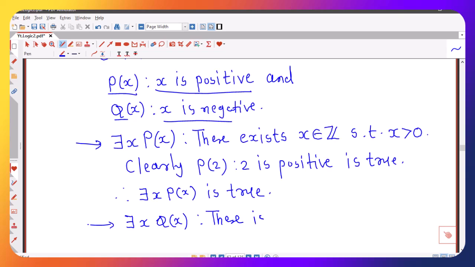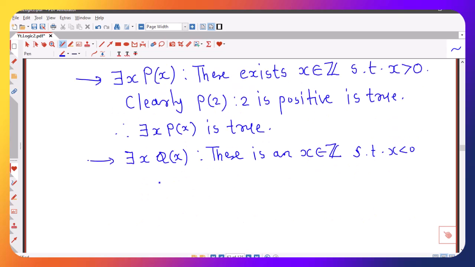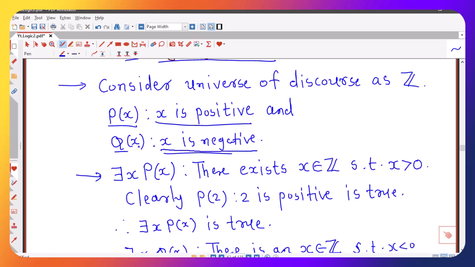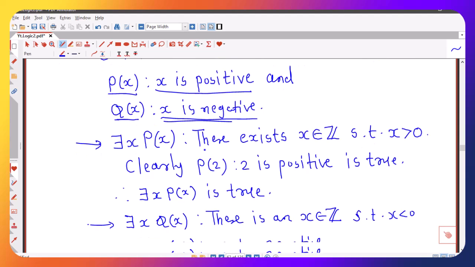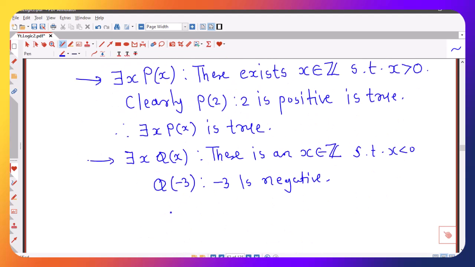There exists an integer x in Z such that x is less than 0, and we can consider x equal to say -2 or -3. q(-3), -3 is negative, is true. So we find at least one value of x such that there exists x such that q(x) is true.